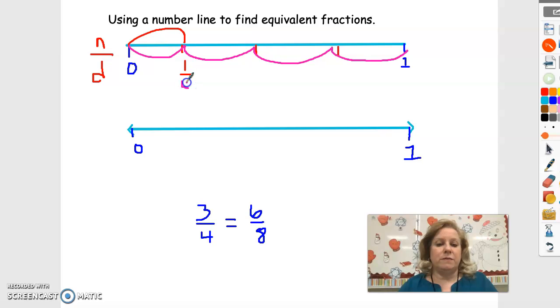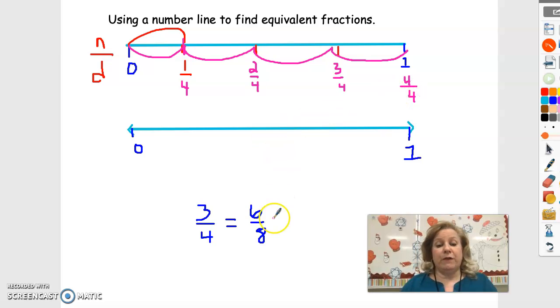So we know the first place is 1/4 right here. Then we can go ahead 2/4, 3/4, and then 4/4. We know 4/4 is equal to the whole number 1.